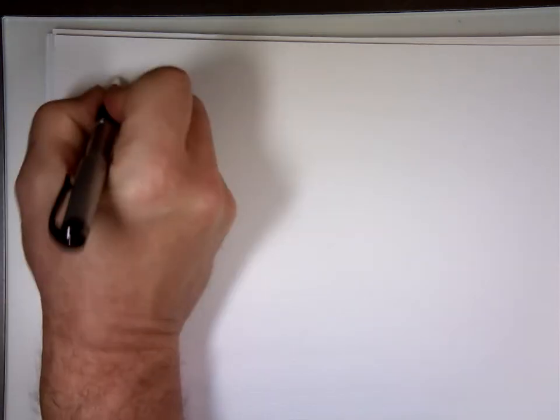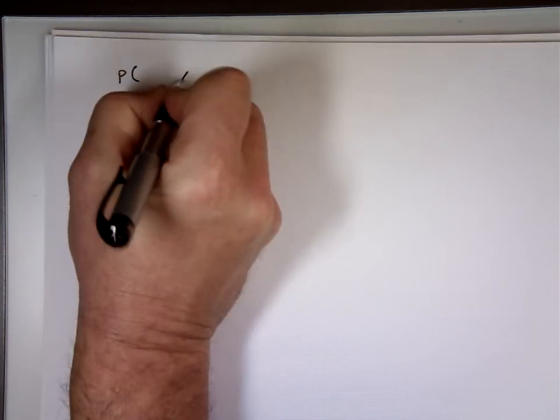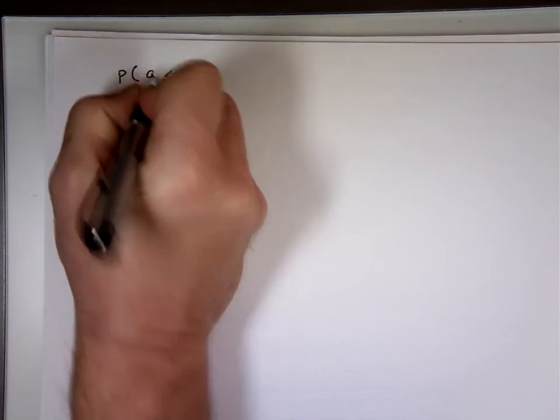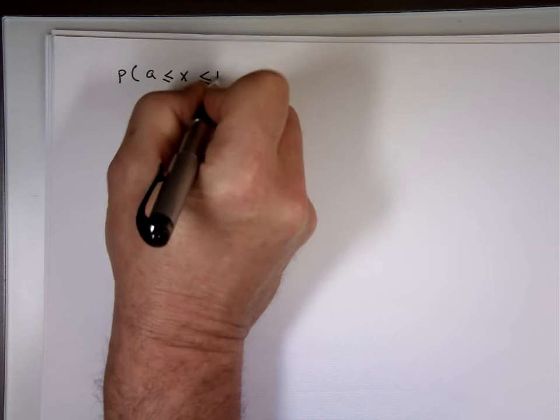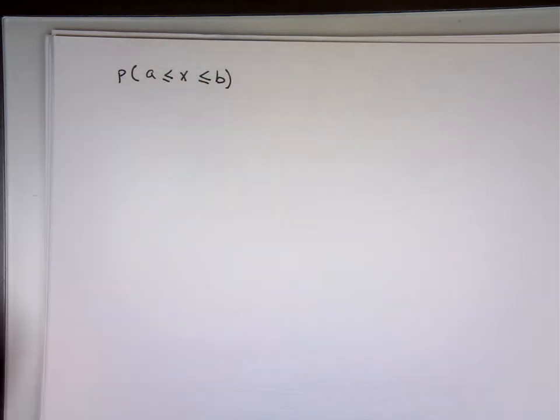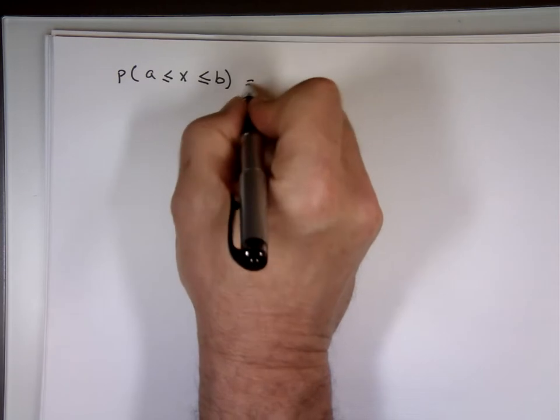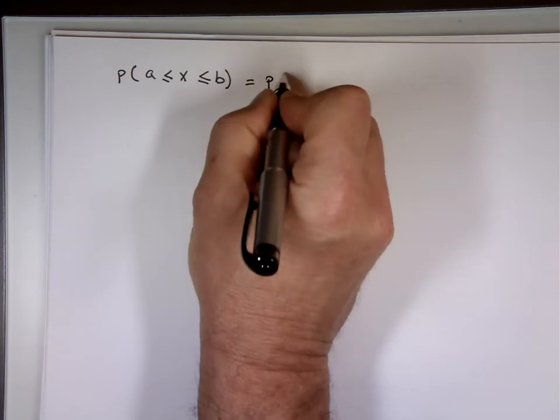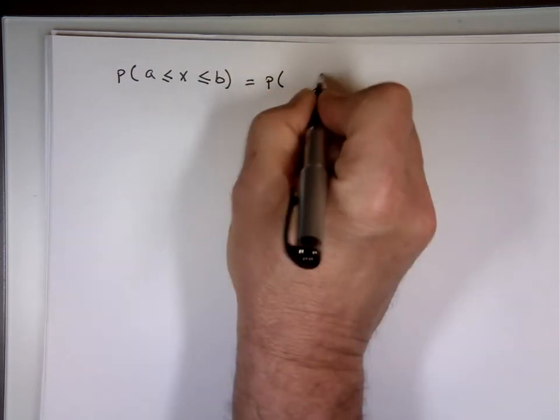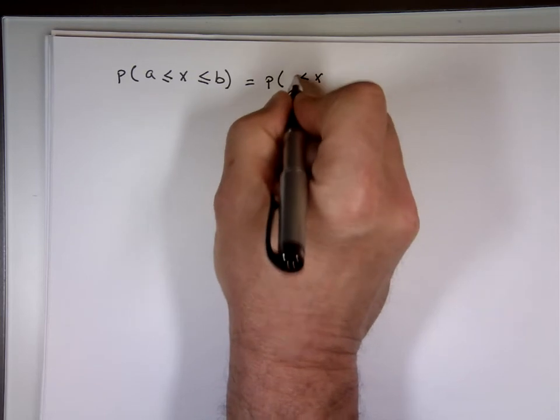So now, if you want to find the probability, given this is a valid density function, and remember, if you want to find the probability of x between A and B, it really doesn't matter if that's equal or not equal to, because remember, in integration, when you take the integral of something, what are you actually finding? Think of calculus.